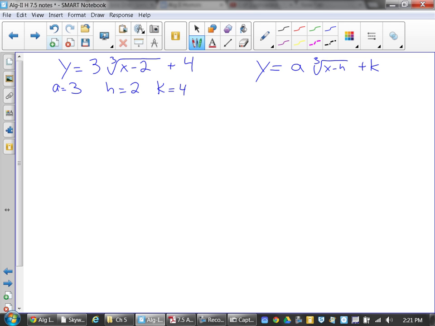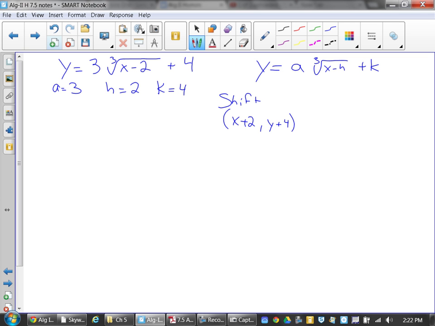So I can already see that my shift is going to have a +2 and a +4 for the x and the y. You guys agree? So I'm just going to write that down. My shift. I know that's going to happen later on. Might as well write it down. Doesn't hurt any.